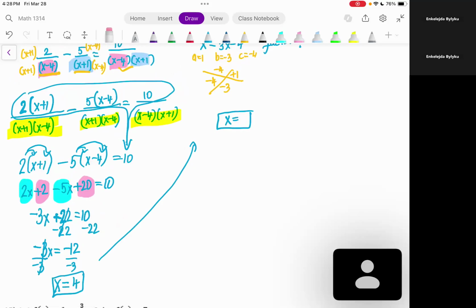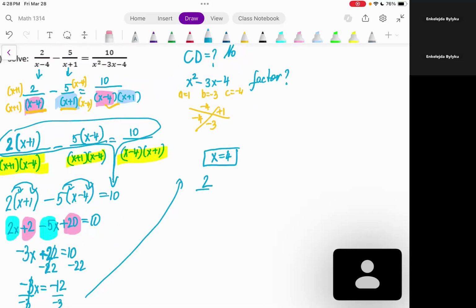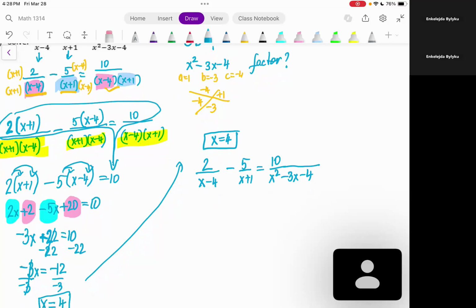That is x equals 4. All right, so now I'm going to rewrite my original equation and substitute this value for x in the denominators only. You only need one to be 0, not all of them, for it not to be a solution. All right, so I'm going to start substituting.